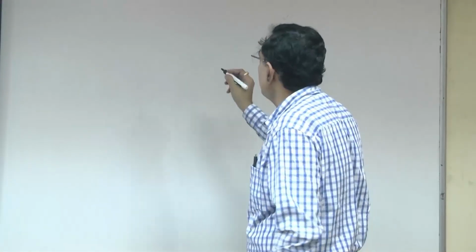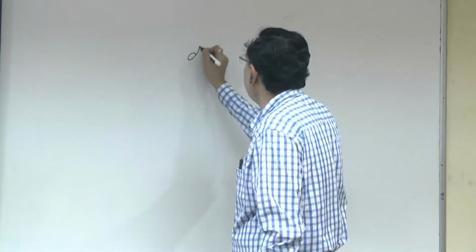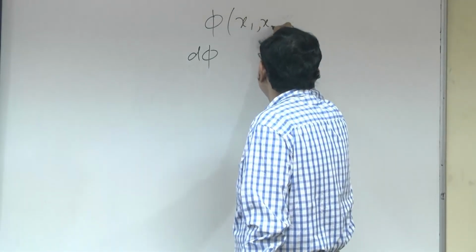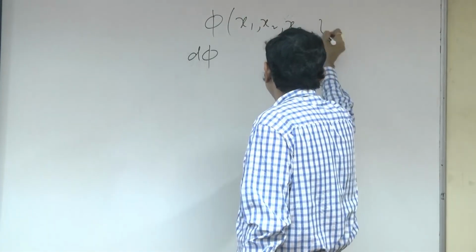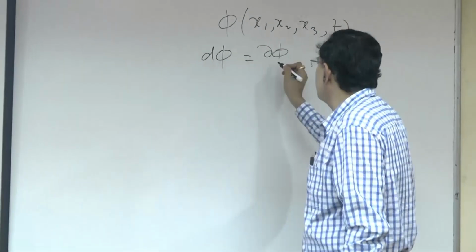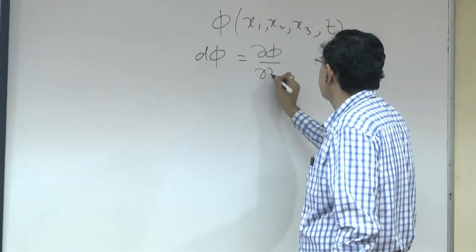If you are now writing it in simple calculus nomenclature, you have d phi, where phi is a function of x1, x2, x3 and time. So the total change is the sum total of the partial changes.